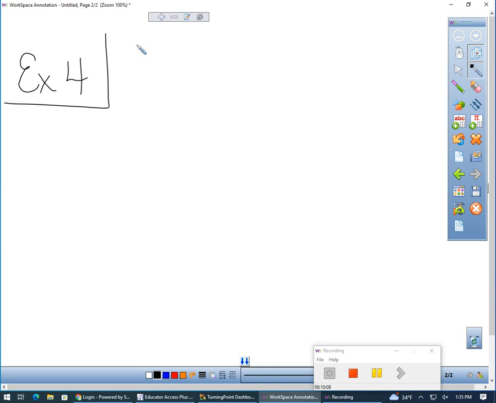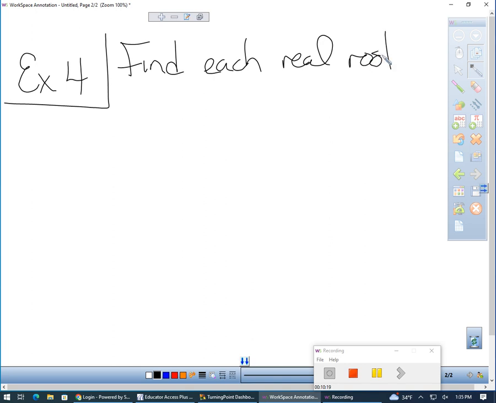All right, find each real root. So now I'm going to mix them up a bit. So let's say I have the square root of 100. 10. Beautiful.